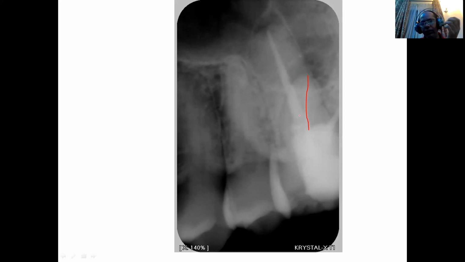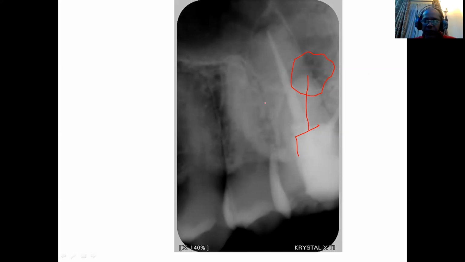The rest of the canals, the palatal and distal canals, were also filled properly. Again, I found no leakage or any space in the coronal restoration. But the mesial root has this radiolucency, and the tooth was tender to percussion.